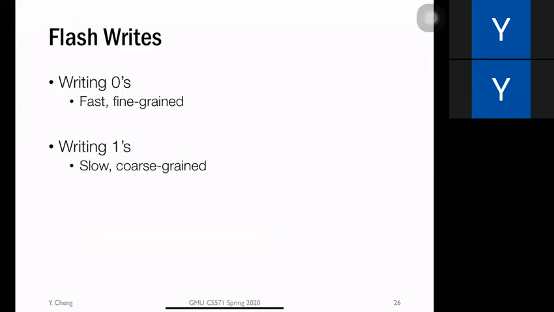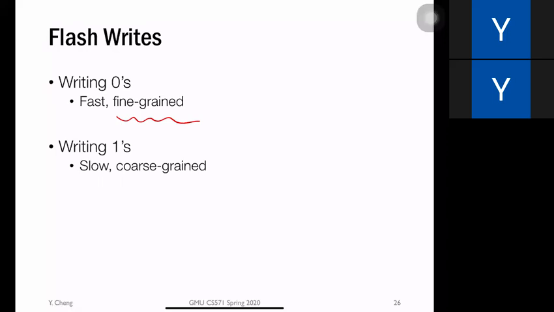Next, let's talk about flash write operations. How does flash support these different write operations? At a very high level, it supports asymmetric writes. By asymmetric, I mean there are two different writes. The first one is the fine-grained write operation, where the flash device writes all zeros. This is relatively faster and finer grained.